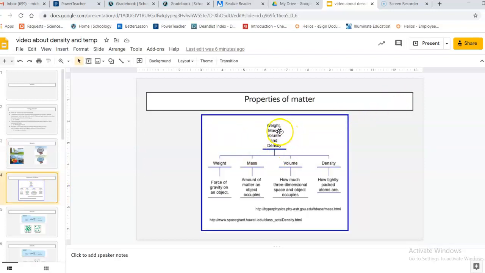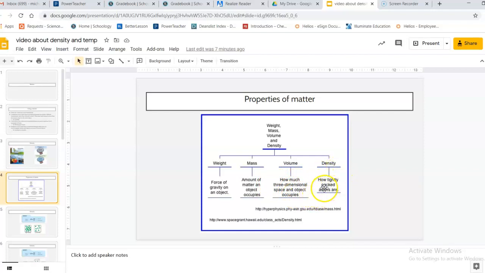I also want to show this graphic organizer because I'll be talking a lot about weight and mass and volume. So here are the definitions. Weight is the force of gravity on an object, where mass is the amount of matter that something has. Okay. Volume is how much three-dimensional space something occupies. You can think of it as the size.